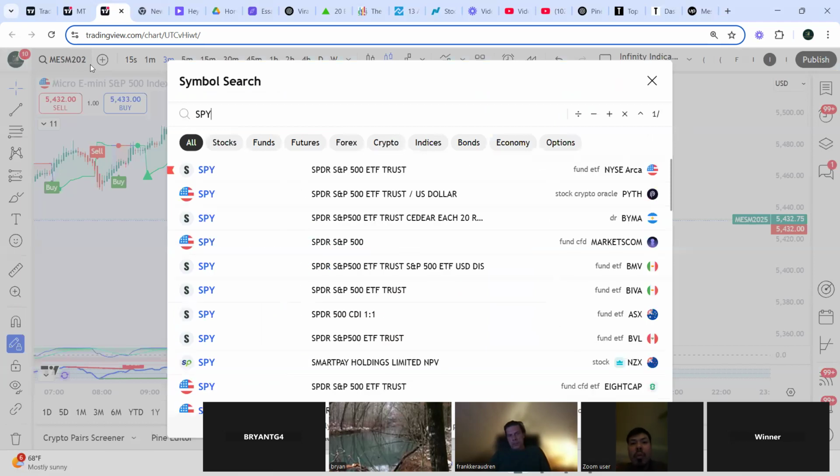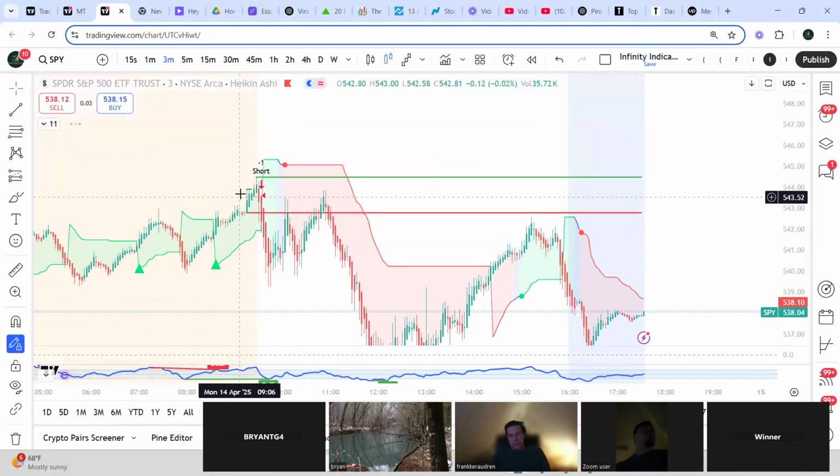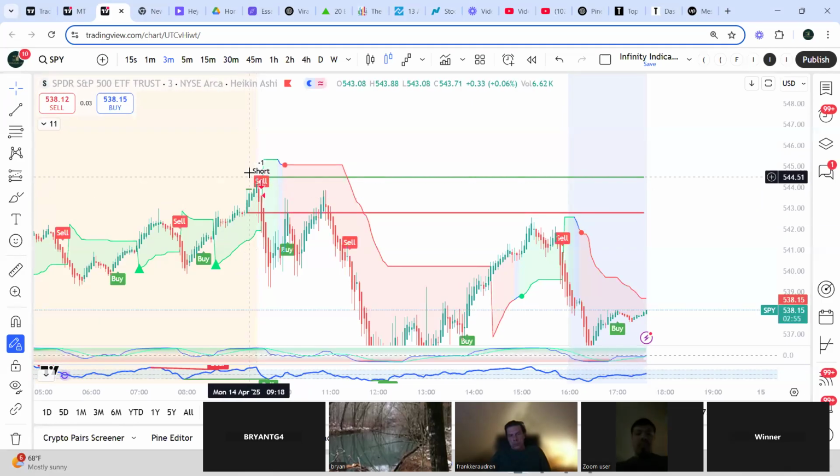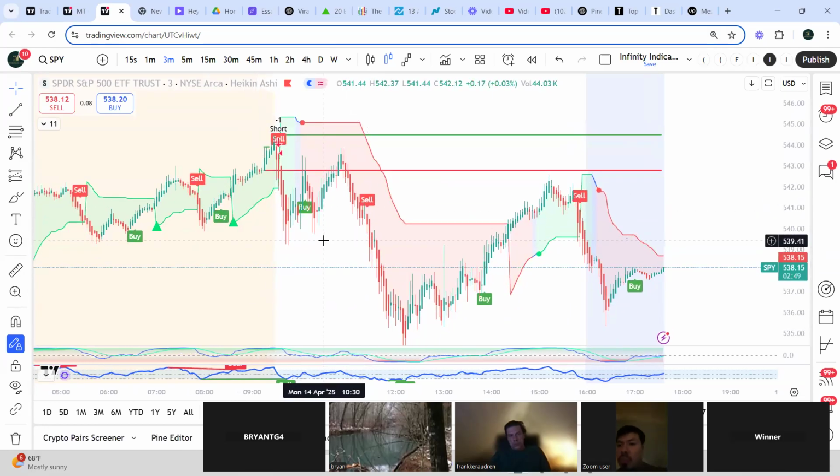Yeah, doing it on the MES can be a little weird sometimes. Okay. So here's 9:15 to 9:30. So you can see it's a tighter range. And this is where I started.